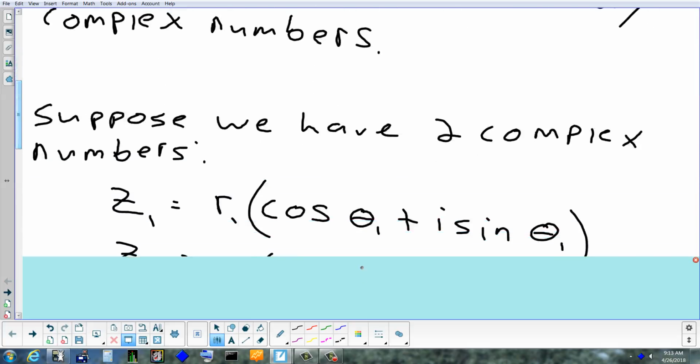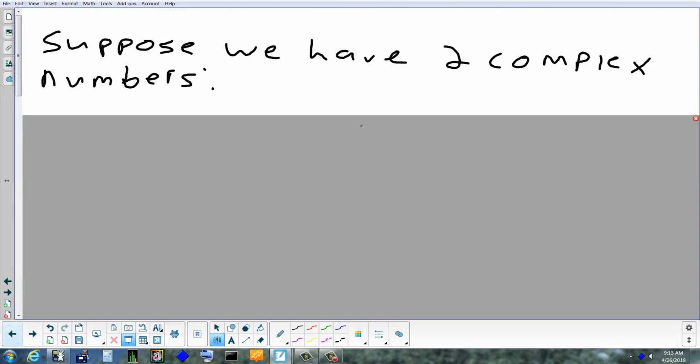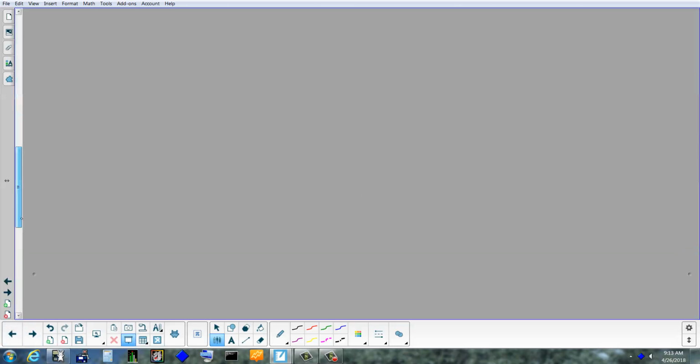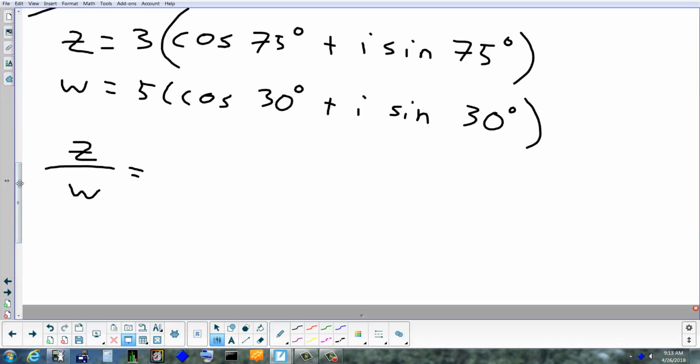So I'm going to write two complex numbers in polar, just generically. When I give you a real problem, it'll be set up more like something with numbers on it. I'll give you a number for r, and I'll give you a value for the angle.